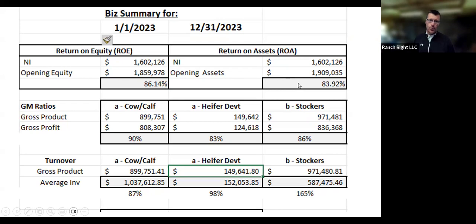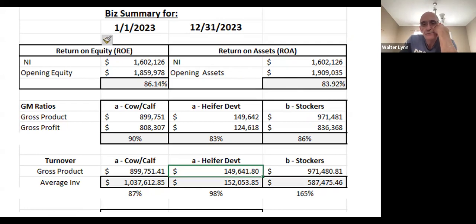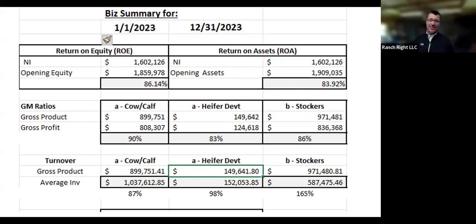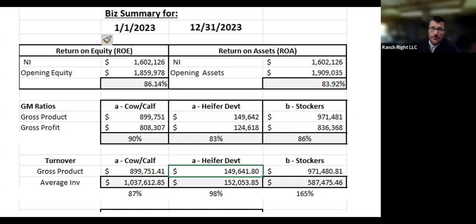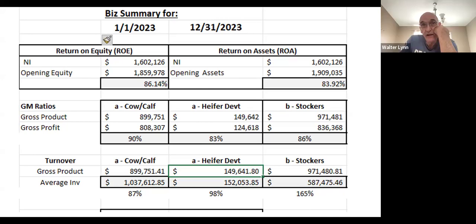In the wider business world, this is a big number. Walter, how often do you see a number this big? You don't. Are you suggesting these numbers are wrong? No, that's not what I'm saying, but it's big. Well, it's big, and I think you have to compare it to other places that you can get an ROA on.